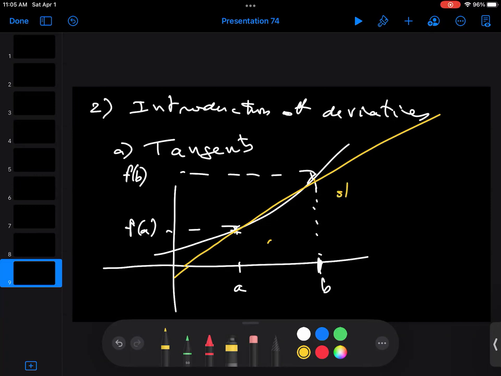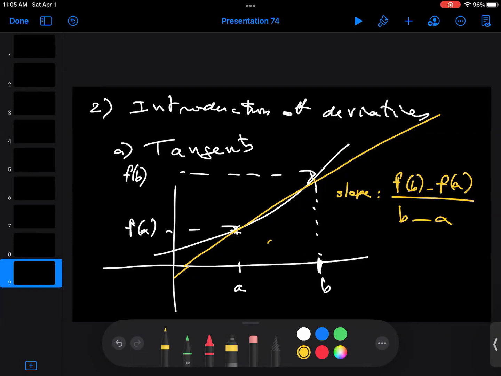So the slope of this line is f of B minus f of A divided by B minus A. So it basically tells you what's the speed, what's the intensity. So how much are you growing when you increase in the x-axis? How much do you increase in the y-axis?